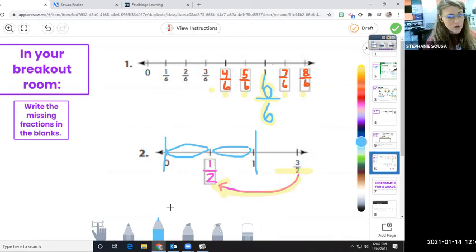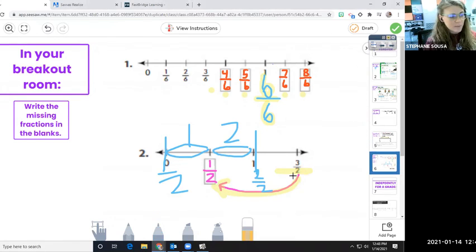Because 0 to 1 is the whole that we split apart. The denominator tells us into how many parts. And there are 2. 1, 2. Okay? So we went from 0 halves to 1 half. 1 whole is the same thing as 2 halves. And then we have 3 halves. Okay? Got it? All right.